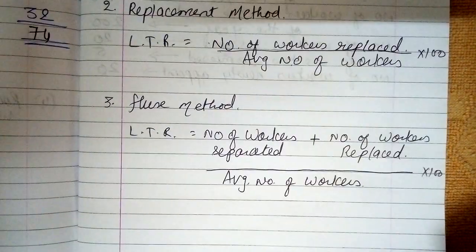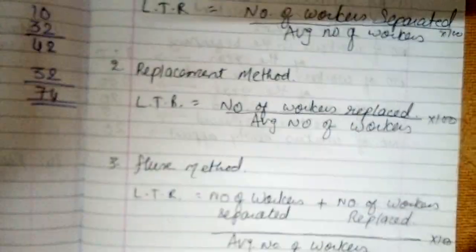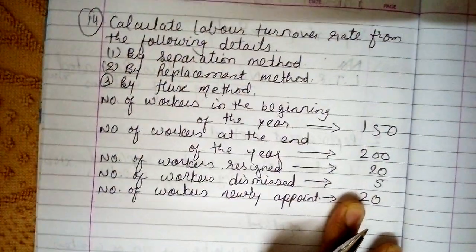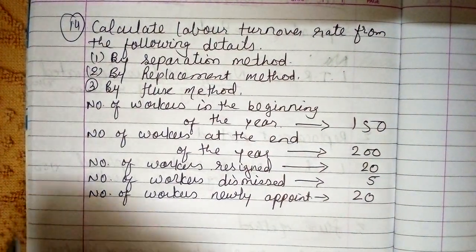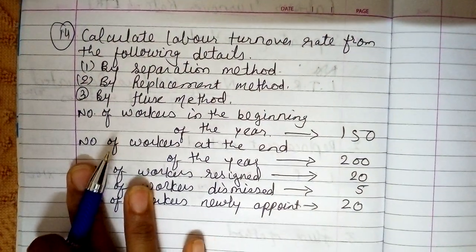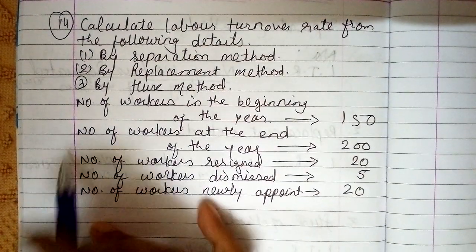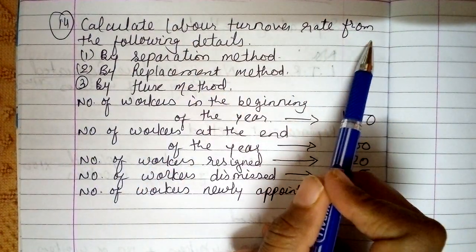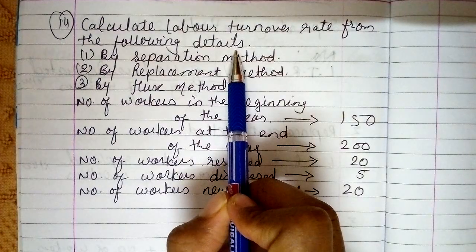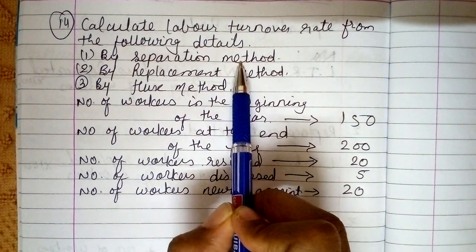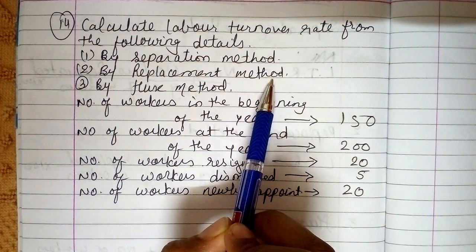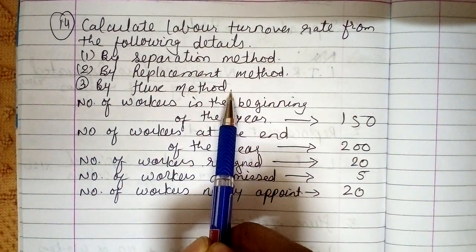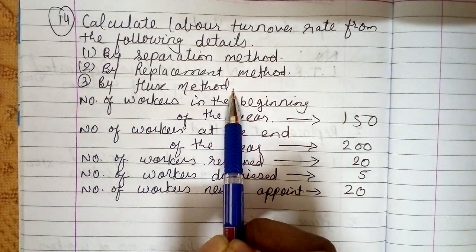Now by using the same formulas, we are going to start with our fourth method. Let us have a look at it. I have written down the example over here. Let us understand that first. Calculate labor turnover rate from the following details: by separation method, by replacement method, and by flux method. The further details are given.